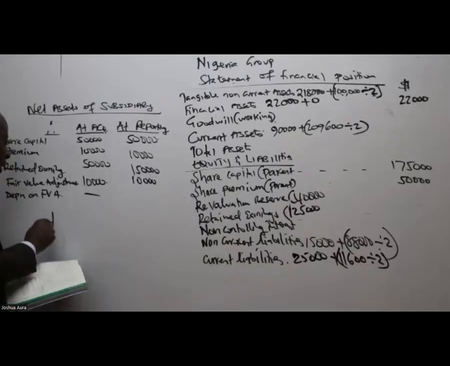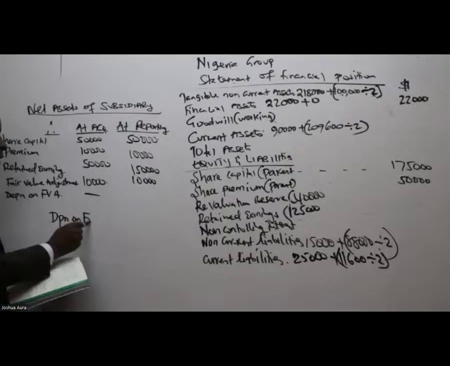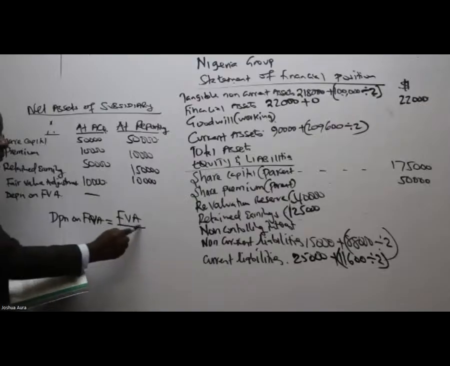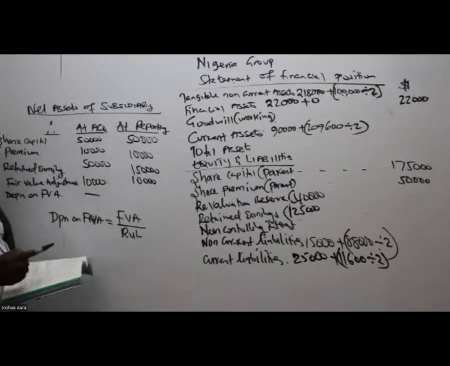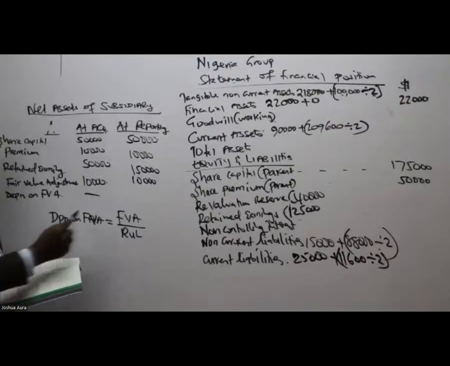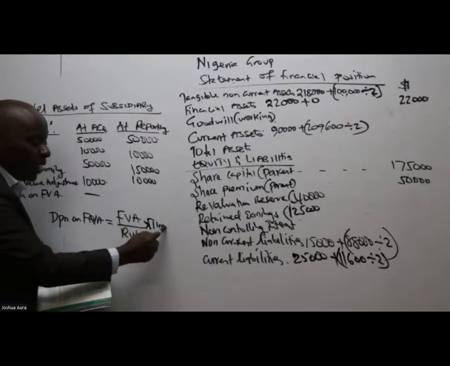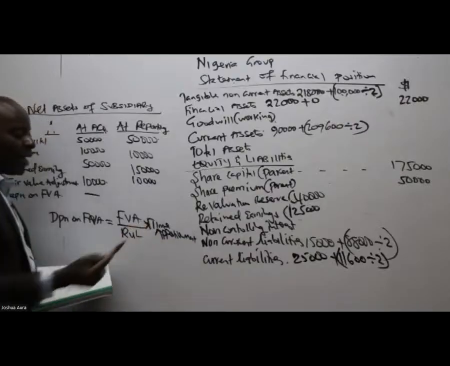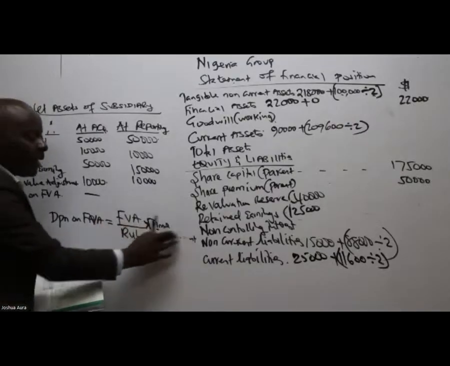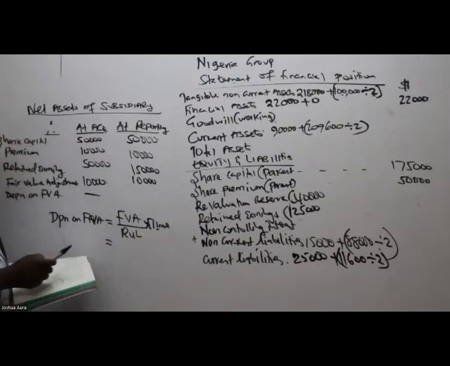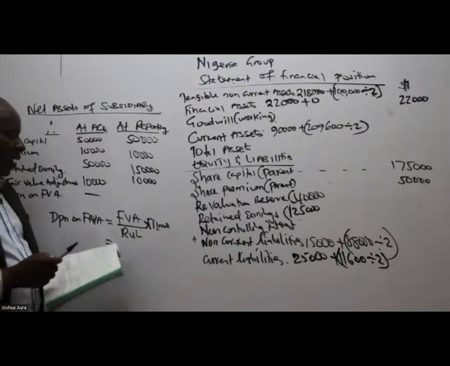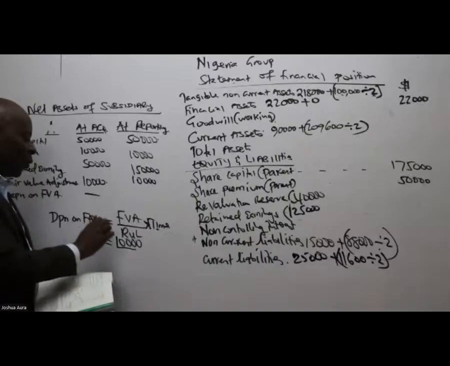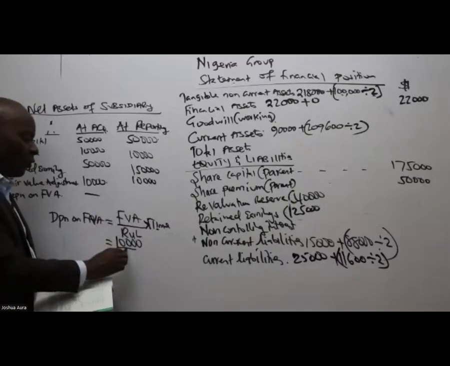To get the depreciation on fair value adjustment, you always take the fair value adjustment itself and divide by the remaining useful life, times time apportionment, if there is any. The fair value adjustment in this case is the 10,000, and they are telling us the asset had a remaining useful life of 10 years.